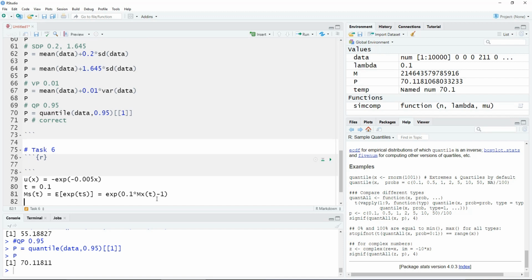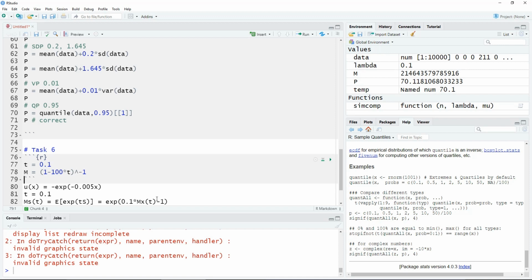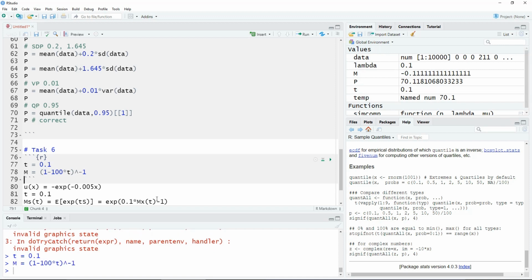M_X(t), how to find M_X(t)? We're going to use it. Okay, the parameter is 0.1. M will be (1 minus 100 times t) to the power of minus 1. What else? T and m. So m is this value. Why is t 0.1? I don't get it.